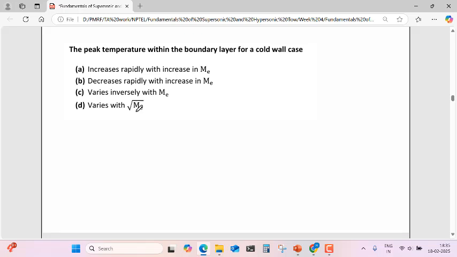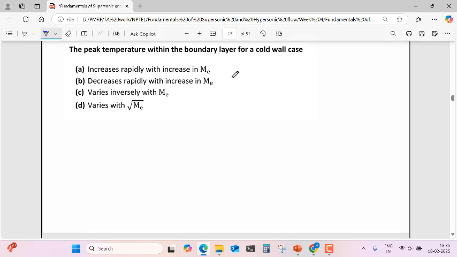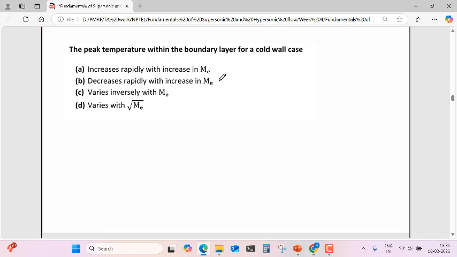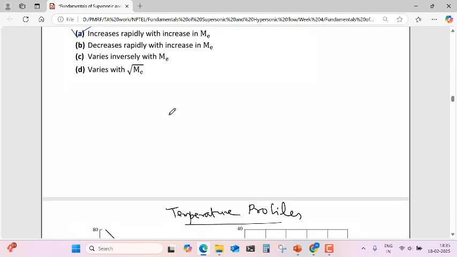What will be the answer for this? So increase rapidly. It will increase rapidly with increasing ME.